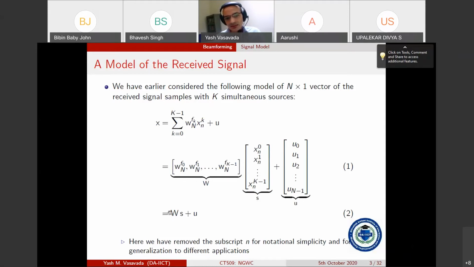In CT516, this W matrix was formed by the basis functions. And so individual columns were nothing but the basis functions. And this S vector, what was this S vector in the standard modulation techniques?